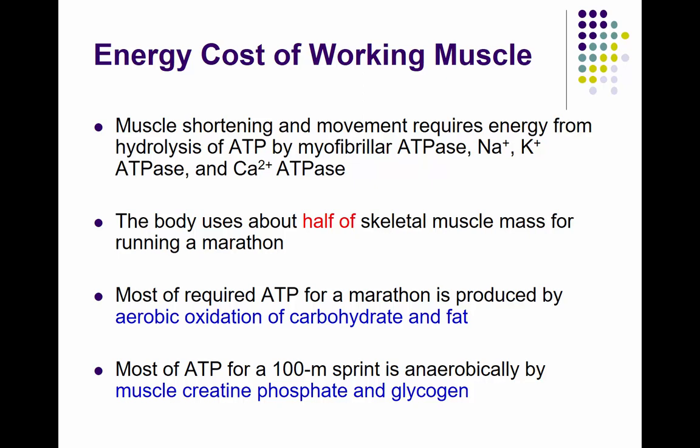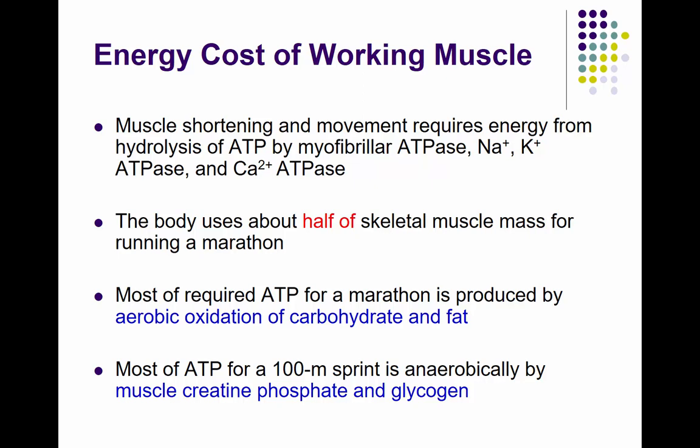So the energy cost of working muscles, muscle shortening and movement, definitely requires energy from the hydrolysis of ATP by different types of ATPase. ATPase basically breaks down the high energy phosphate bond and releases energy from ATP molecules.